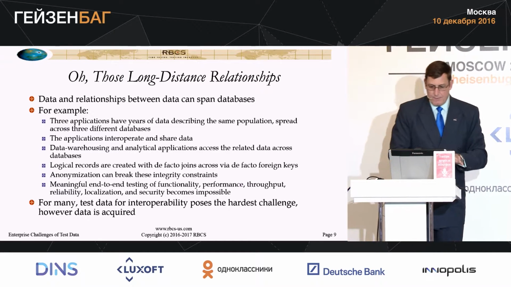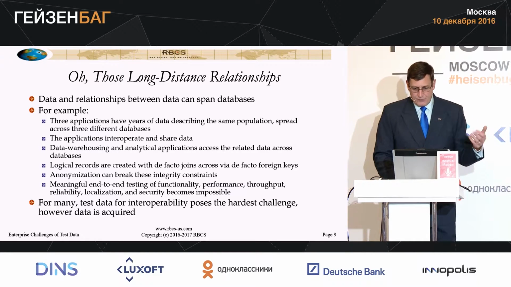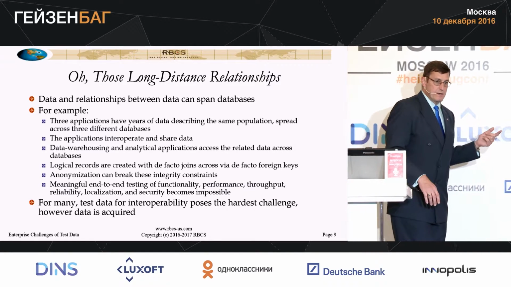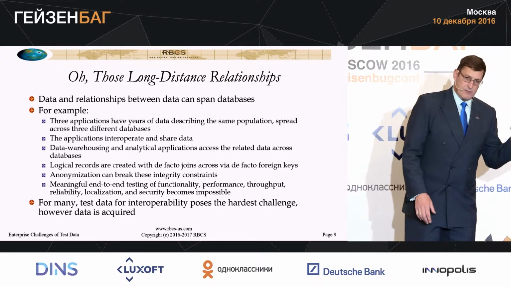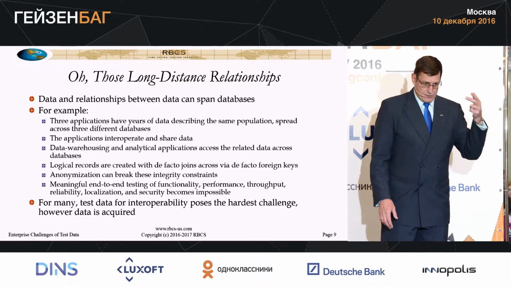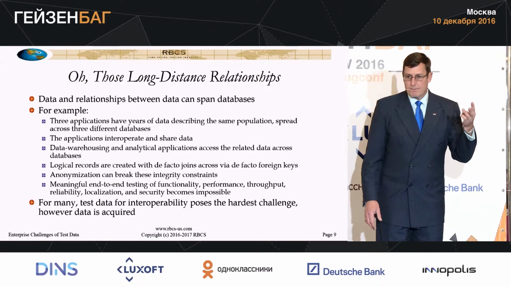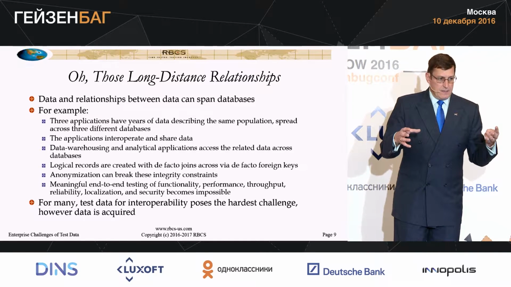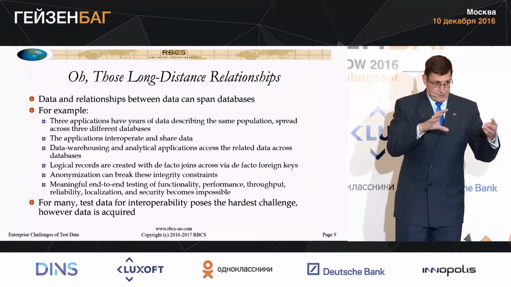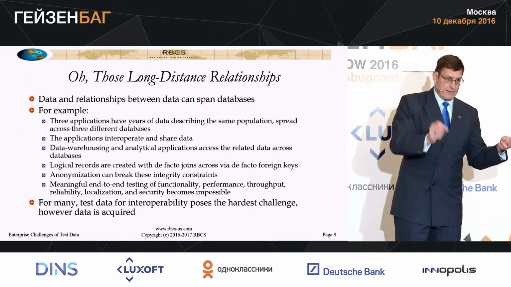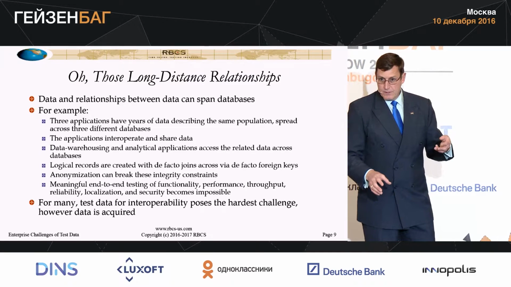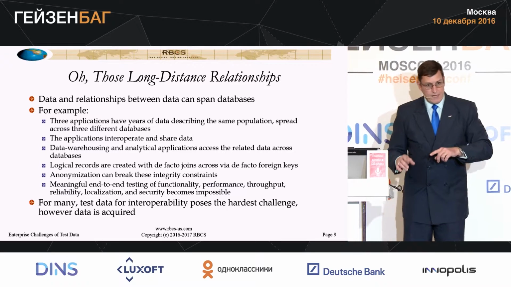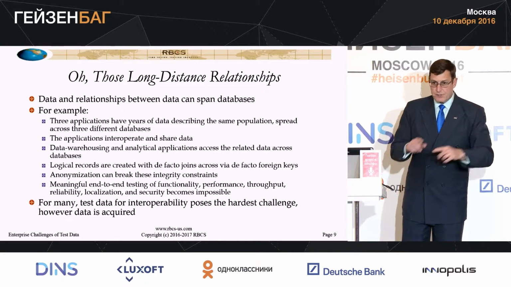So, for example, let's say I've got three applications: a life insurance application, a banking application, and a car insurance application. And it's all in the same data center, and there are overlapping customer sets. So some of the people that have bank accounts also have life insurance and car insurance. And I want to test some ability to, say, transfer information across those systems.